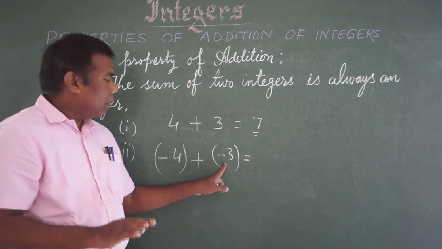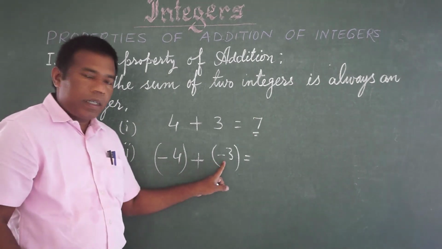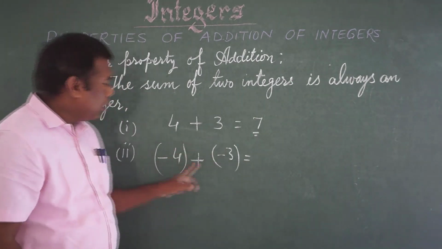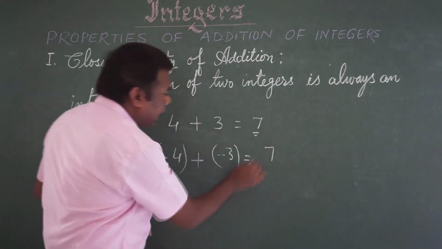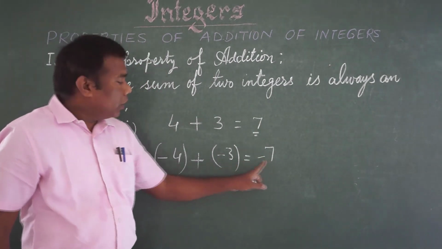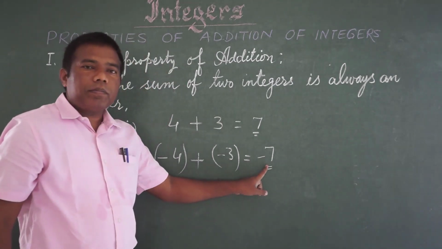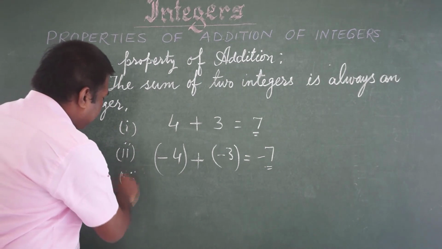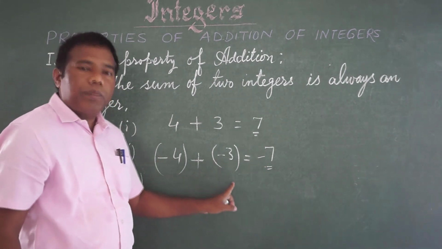In the previous video it was already told, if both the numbers are negative, simply you add the numbers and the sign will be negative. So 4 and 3, if you add, you get 7 and the sign will be negative. So minus 7 is what? This minus 7 again is an integer.